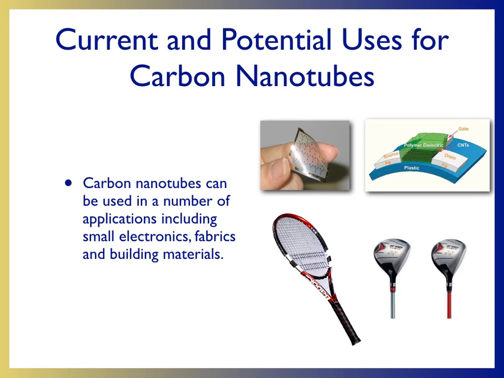Since carbon nanotubes are very strong, they will still conduct electricity even when the transistor is bent. Another interesting application of carbon nanotubes is their usage in sporting goods, taking advantage of their strength. Carbon nanotubes are typically used in tennis rackets, golf clubs, and other sporting goods.